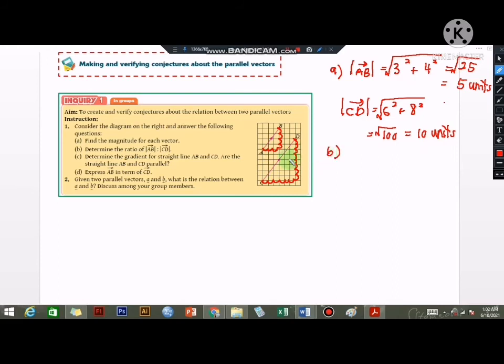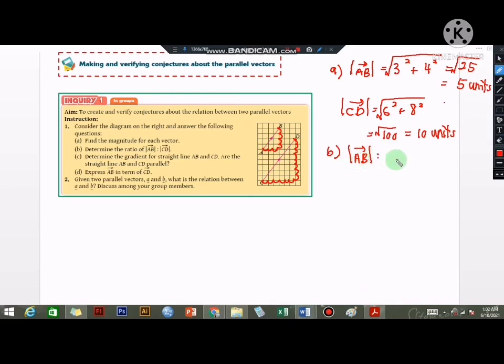Now B. Determine the ratio of the magnitude of vector AB to the magnitude of vector CD. So let's look at this one. AB, not equal, ratio, isn't it?